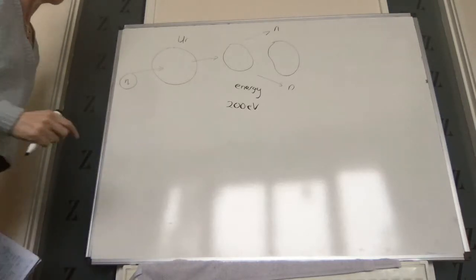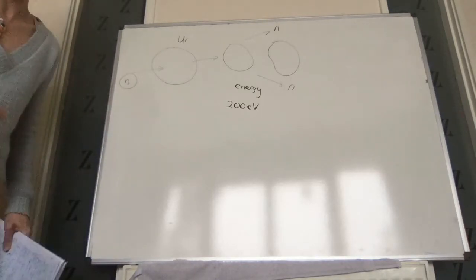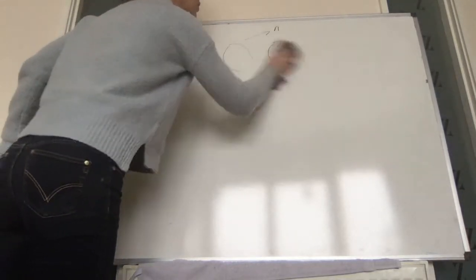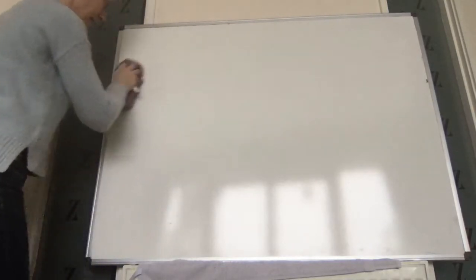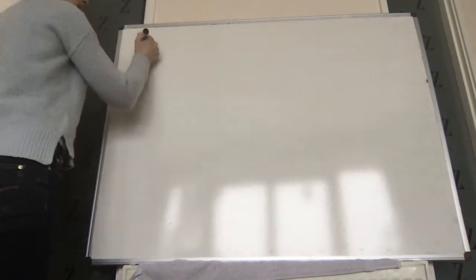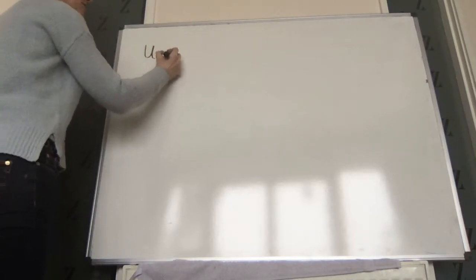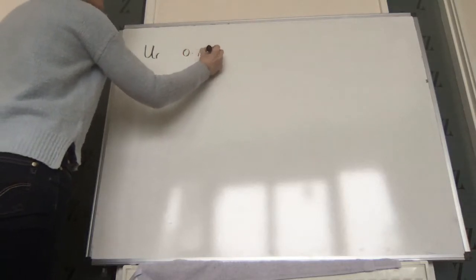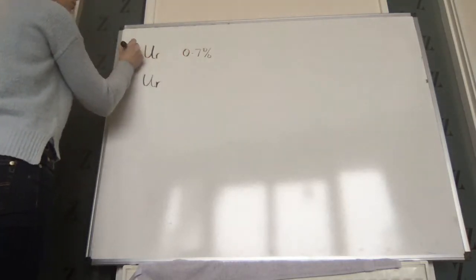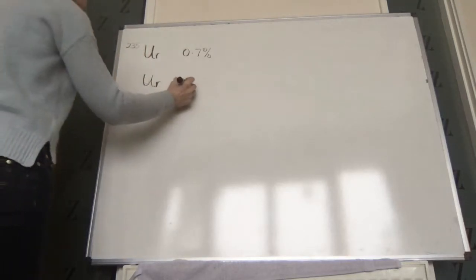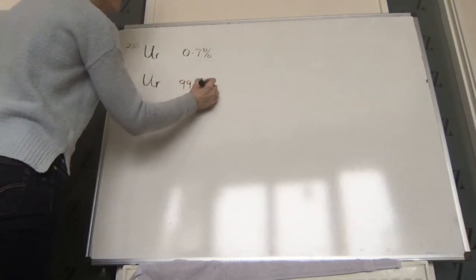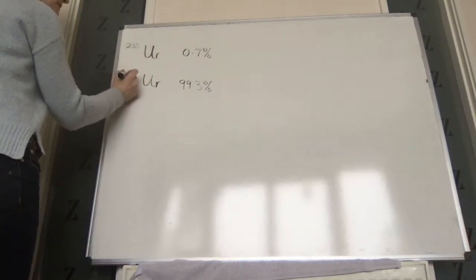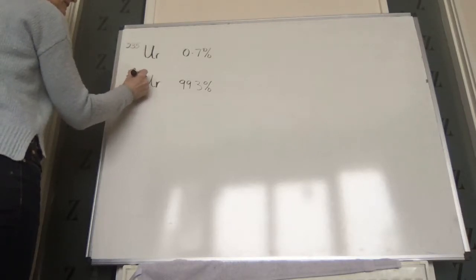Okay, so the details of uranium fission, in order to help you to understand how a nuclear reactor works. Natural uranium, when it is mined, is made up of two types of uranium. 0.7% of it is uranium-235, and 99.3% of the natural uranium found in the ground is uranium-238.